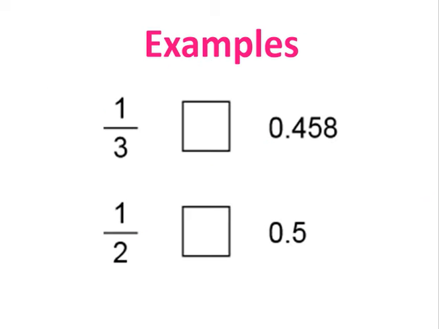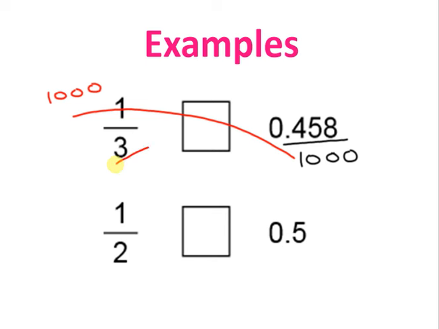Okay, let's do some of these. So I have 1/3 and 458 thousandths. So again, I'm going to put it over 1,000 and I'm going to compare. 1,000 times 1 is 1,000. And then 3 times 458. 458 times 3.